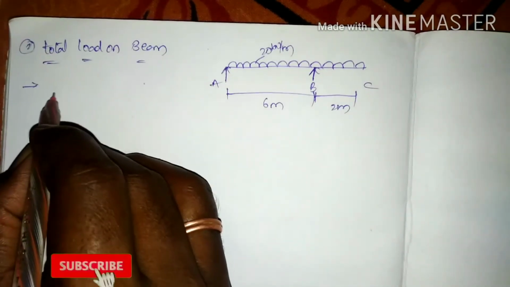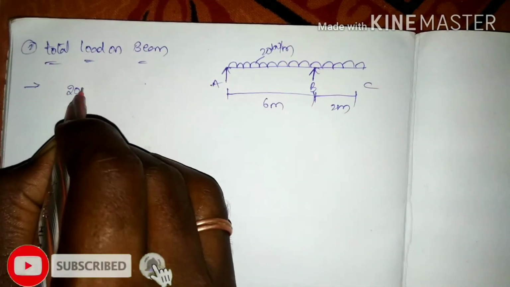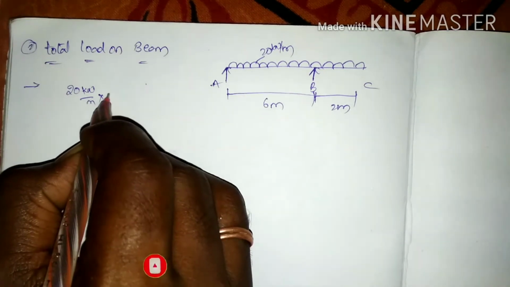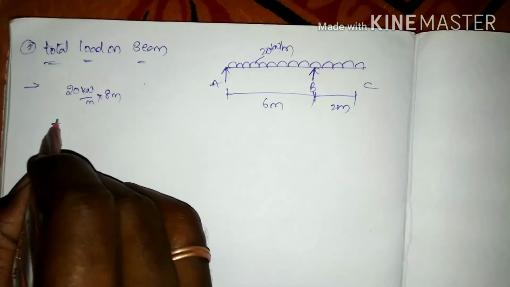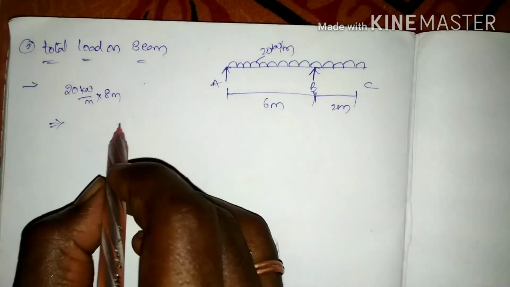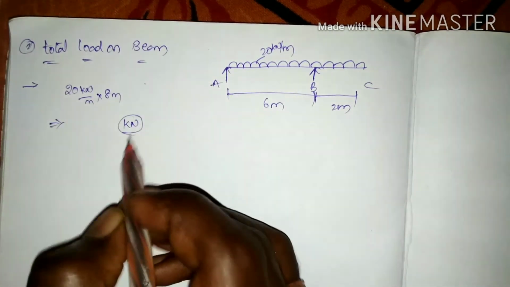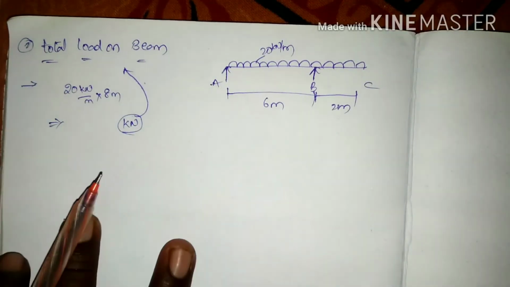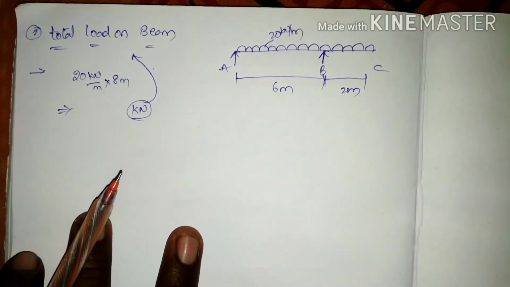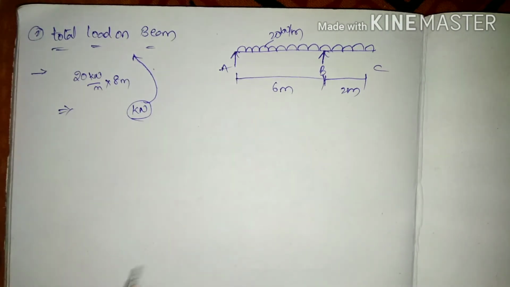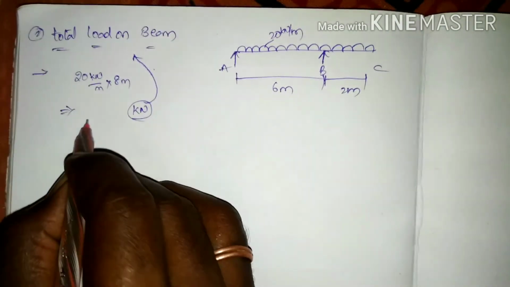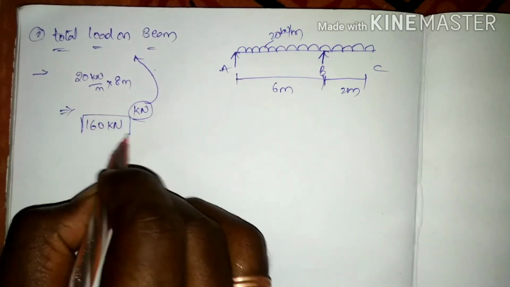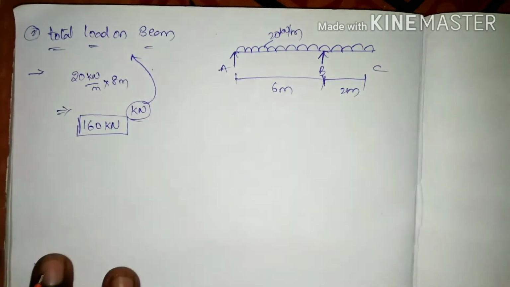So 20 kN per meter is multiplied by 8 meters, converted into kilonewtons, since the load should always be in kilonewtons. We multiply the UDL by the distance over which it acts, and we get 160 kilonewtons. The total load on the beam will be 160 kilonewtons.